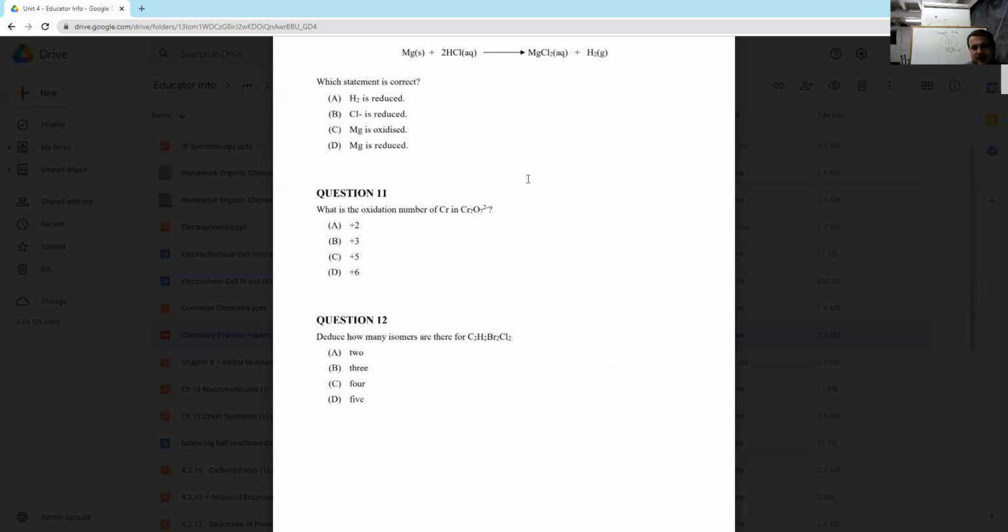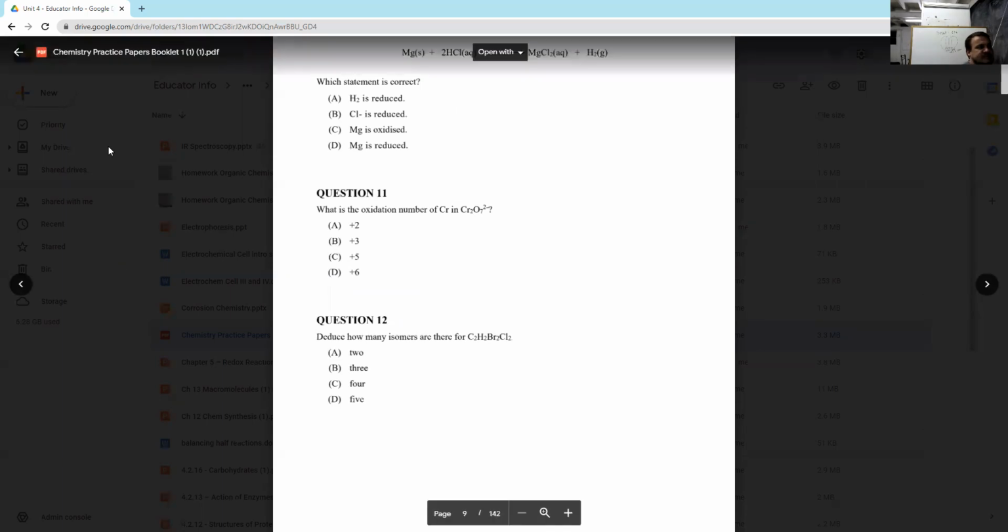Time. So 60 seconds left. How many different ways can you draw that molecule? So you should be able to draw 4.